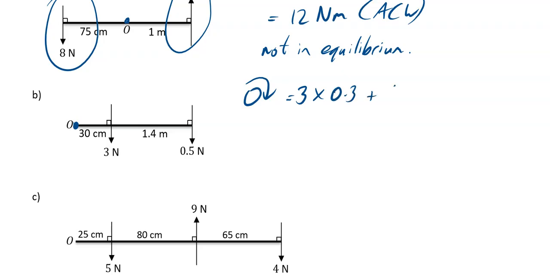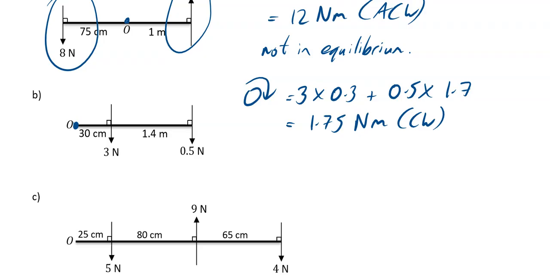Plus, I have 0.5 newtons, and its distance is going to be 30 centimeters plus 1.4 meters, which is 0.3 meters plus 1.4 meters. That's going to be 1.7. And again, if you do that on your calculator, what you'll get is 1.75, and that's going to be Newton meters, and that was clockwise this time.